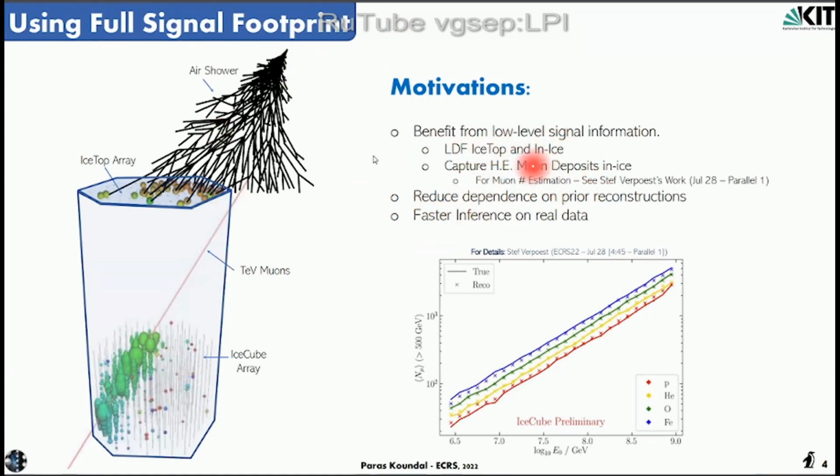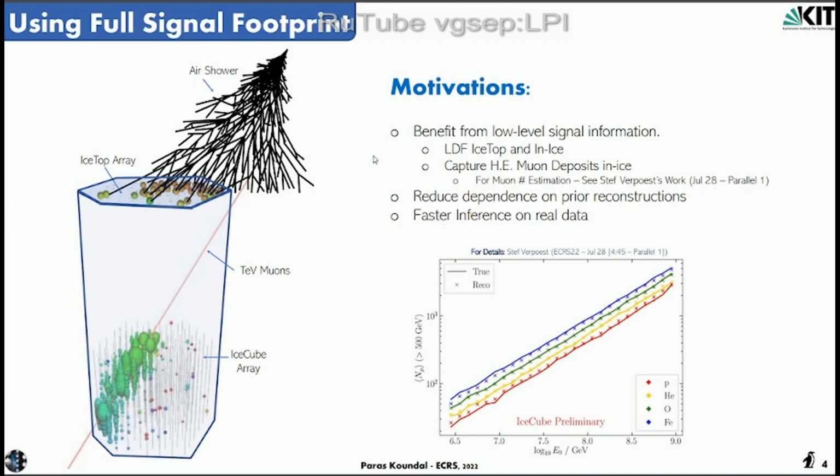We would want to benefit from the detailed low-level signal information, where we have the IceTop LDF and the in-ice LDF. In principle, this is just trying to capture high-energy muon deposits together with the electromagnetic deposits. By the way, there is also another really nice talk by IceCube by Steph on July 28th, where he'll discuss more about muon number estimation. So I also recommend you listen to that.